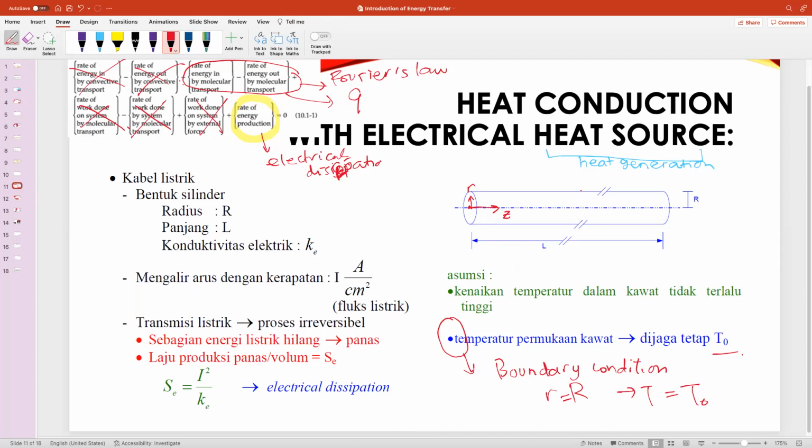Maybe later I can give some examples in mass transport, but we haven't gotten to that yet. For example, in mass transport, if there is a reaction, there would be a rate of reaction, and it would also be in here. So this one will be put into the rate of energy production.